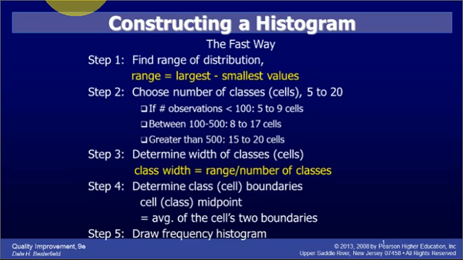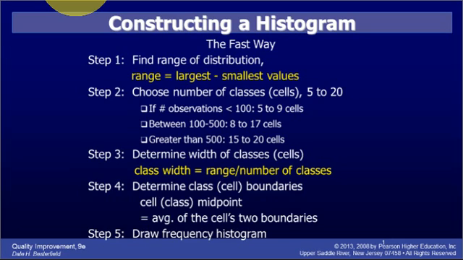And step 2 is to choose the number of classes. We normally take 5 to 20 classes. Sometimes we use cells to replace the classes. They actually mean the same thing. So here are 3 rules to define the number of classes.